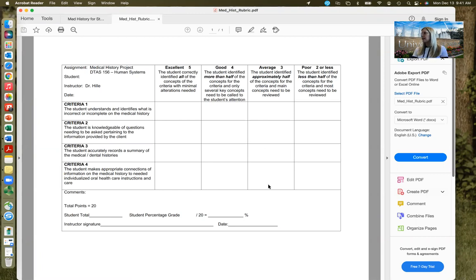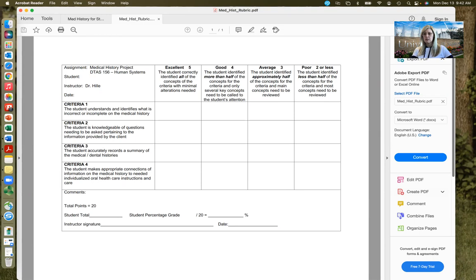When you're looking at your grade details, you can also right click and it will pull up the PDF where I scanned in your answer sheet along with my answer key. And so you are able to see exactly for each question on your answer sheet what my comments to you were.